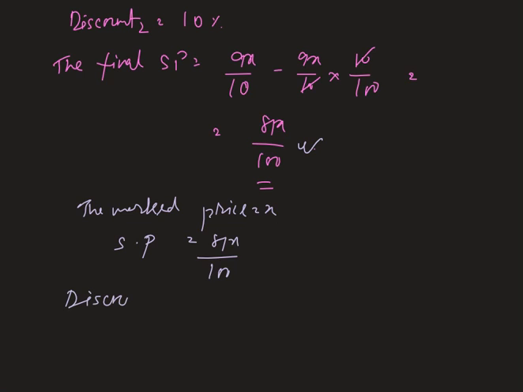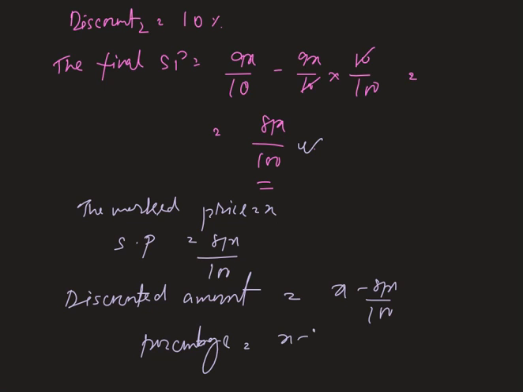So the discounted amount is X minus 81x divided by 100 and the percentage is X minus 81x divided by 100 into 100.